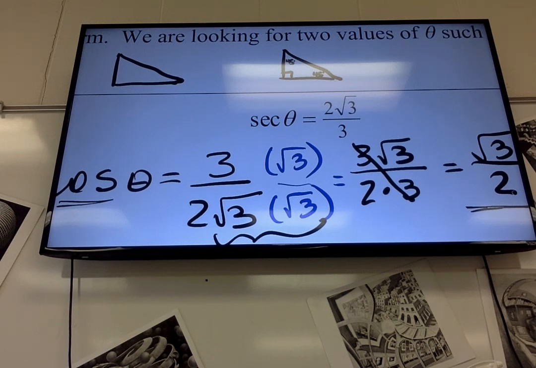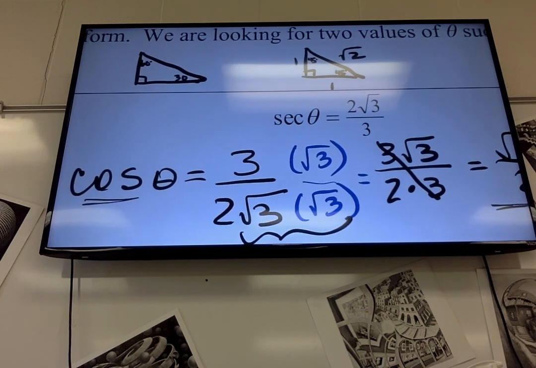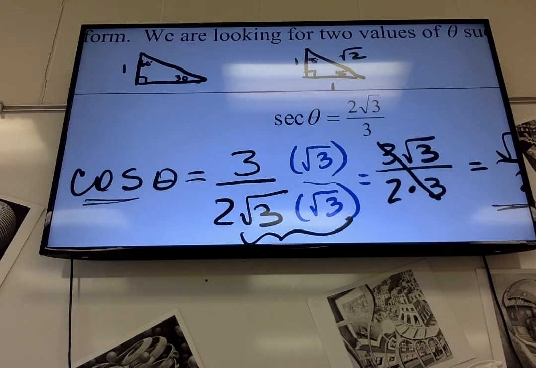And the other is 30, 60, 90. Do you remember what the sides are in a 45, 45, 90? 1, 1, square root of 2. And the other one? 1, square root of 3, 2. Yes. The 1 is across from the 30. Across from the 60 is the square root of 3. And the hypotenuse is 2.